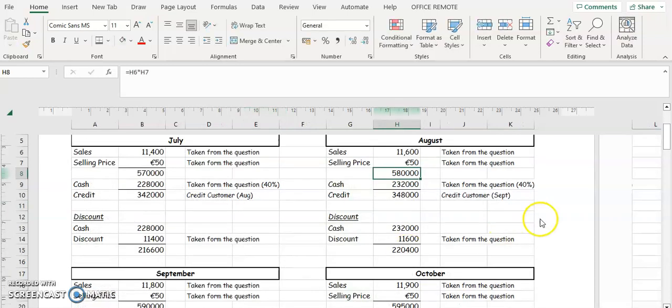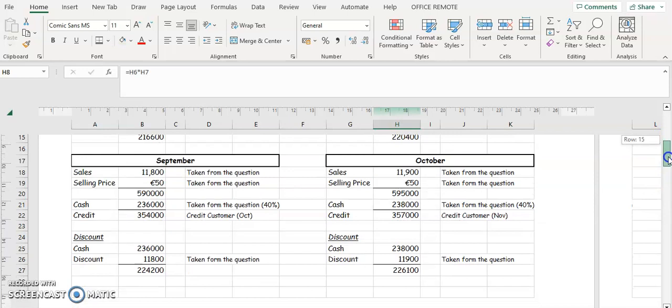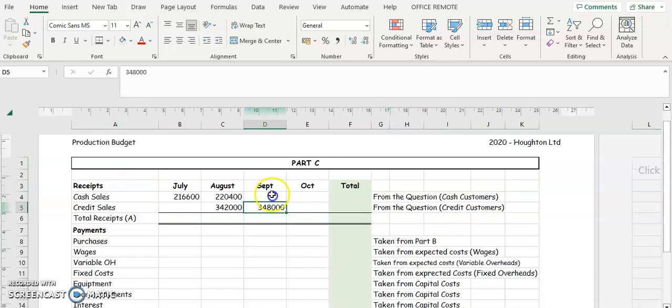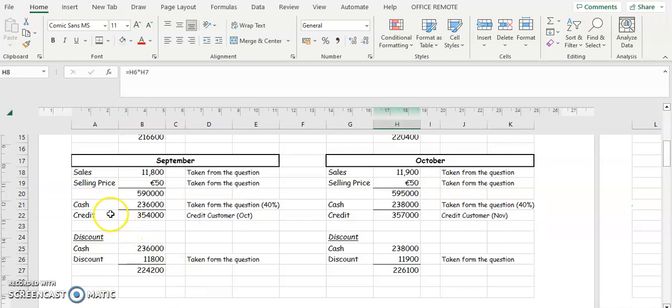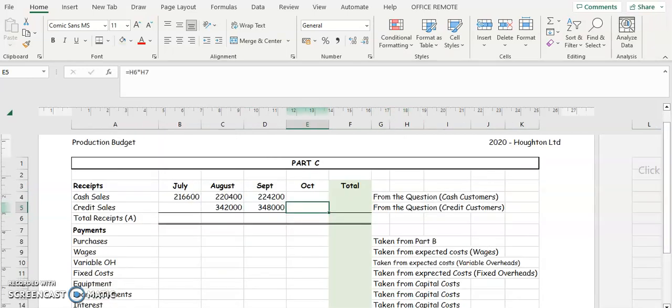Okay, so I'm going to show you the calculations for September and October. You can pause the video and calculate them yourself, and I'm just going to fill them in on the budget. So our cash for September is 224,200. And our credit then is going to be 354,000.